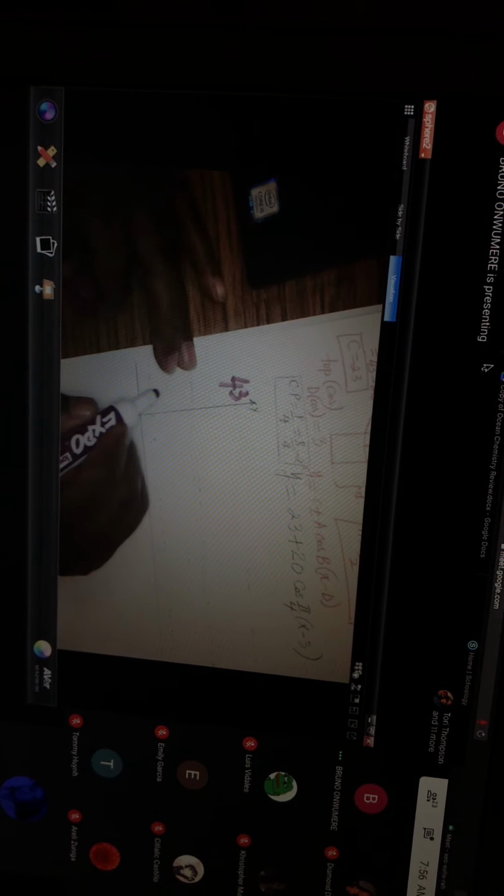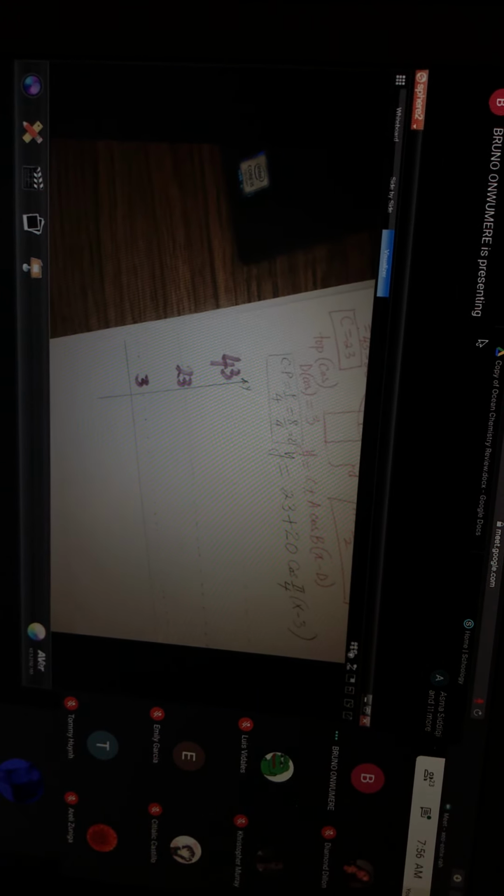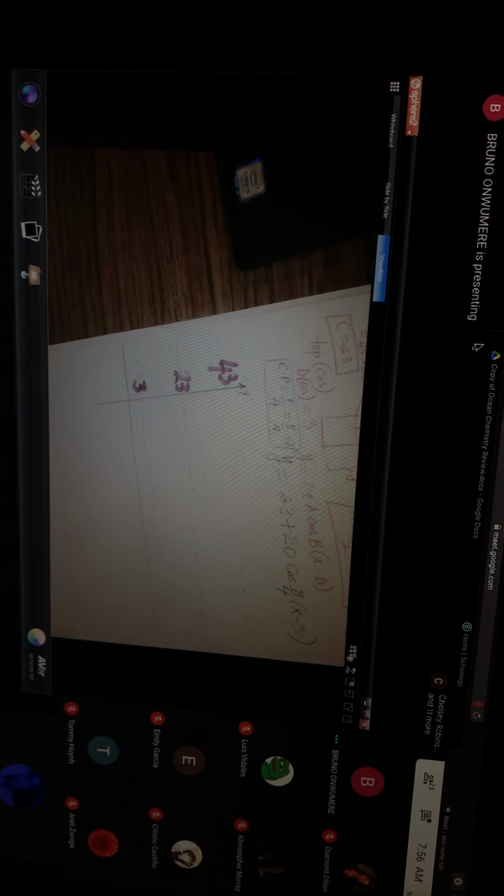I have my information. What is the maximum? 43. What is the C value? 23. What is the minimum? 3.